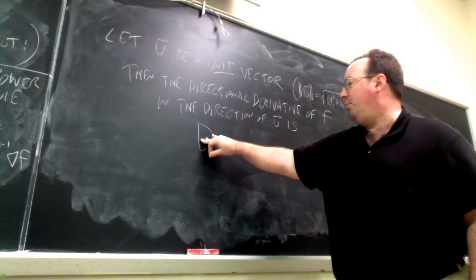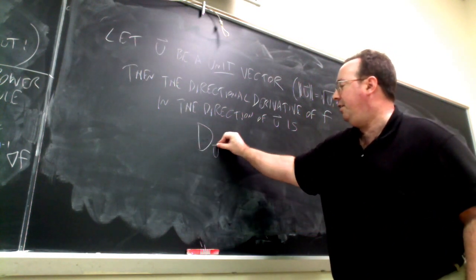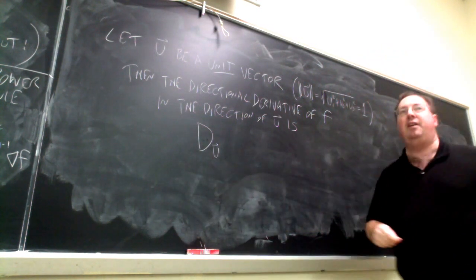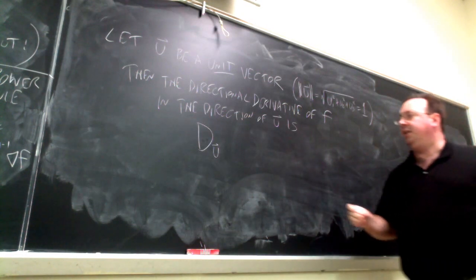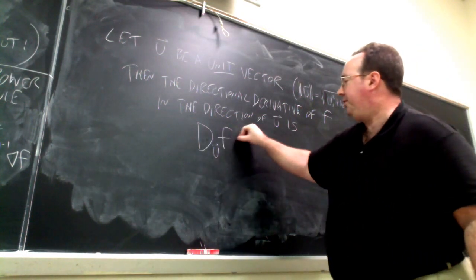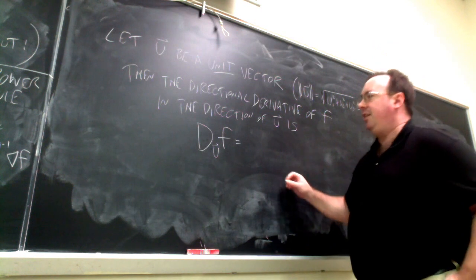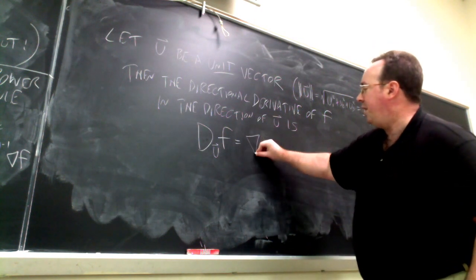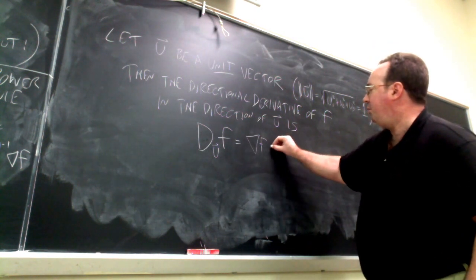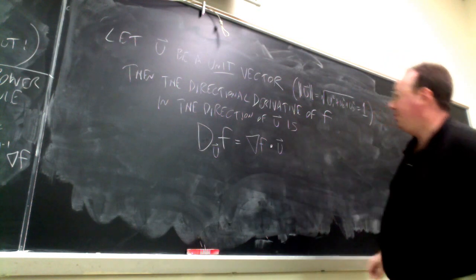We use a capital D, and then the vector u as a subscript of f. And the formula is actually now pretty simple. It's just the gradient of f dot product with u.